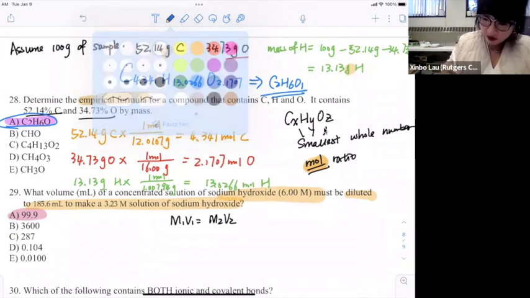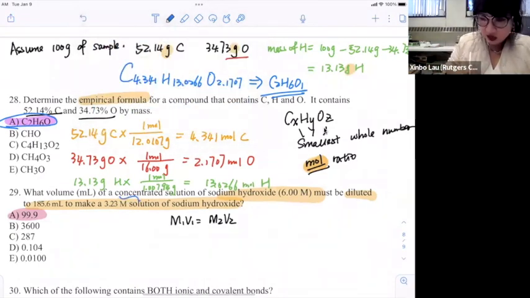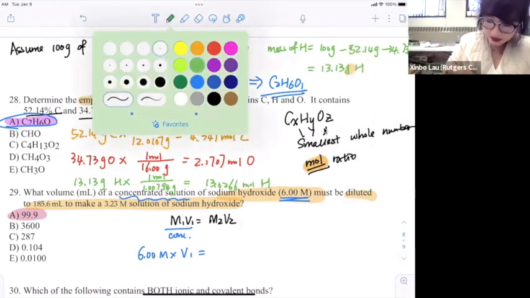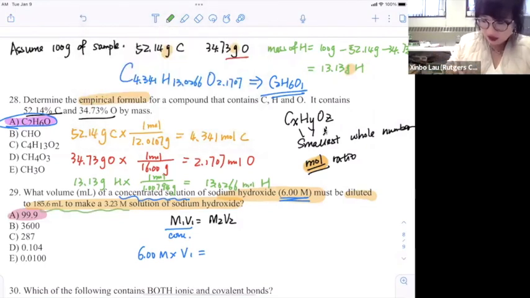From this question, you're asked to calculate a concentrated solution of sodium hydroxide, which is 6. On the left, I'm using my concentrated one. So the concentration is 6, and we're looking for the volume. Now what's on the other side? That's the diluted solution, and you have this 3.23 molar times 185.6 ml. Now let's solve for V1.